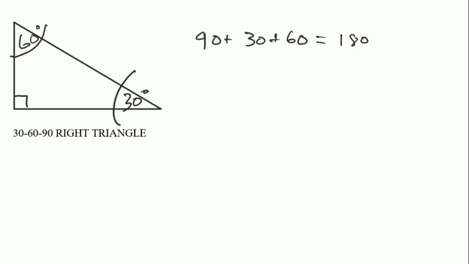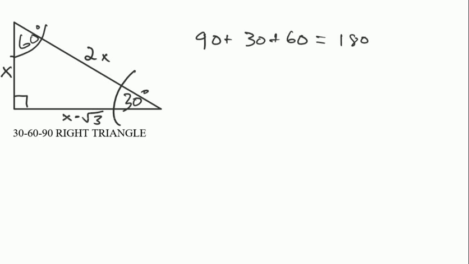And these side lengths are going to be as follows. Here we have x. Here we're going to say this diagonal is 2x. And here, this is going to be x times rad 3, or just rad 3 times x.